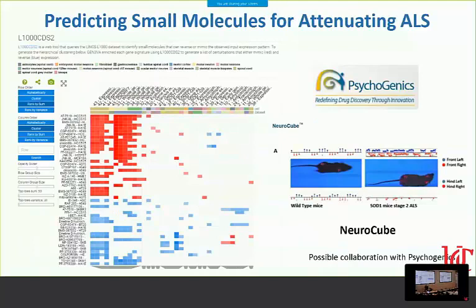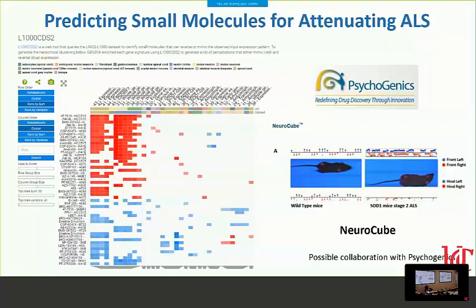I'm also excited about a very similar project where we collected signatures for ALS, comparing normal muscles and other relevant tissues to ALS and mouse models of ALS, and then prioritizing small molecules that can either mimic or reverse ALS.